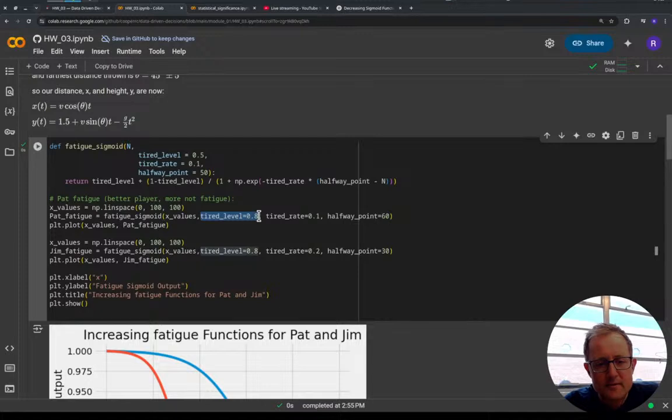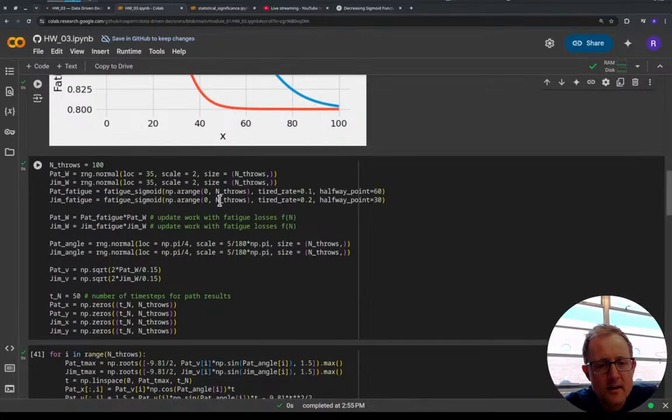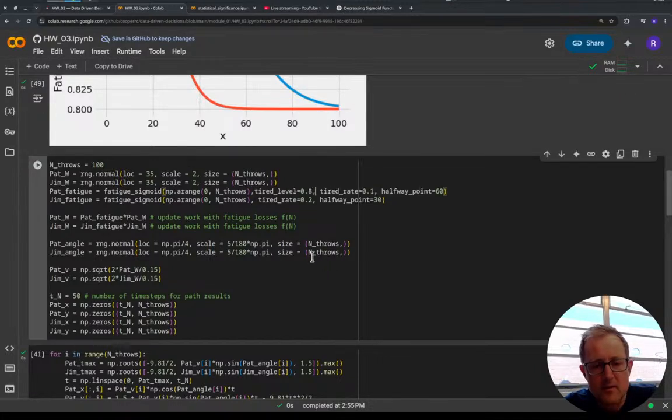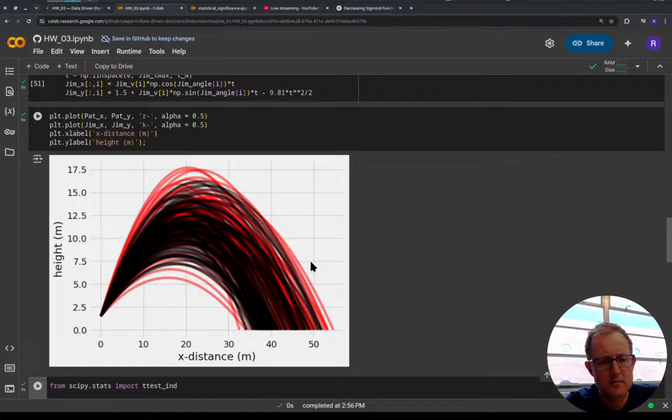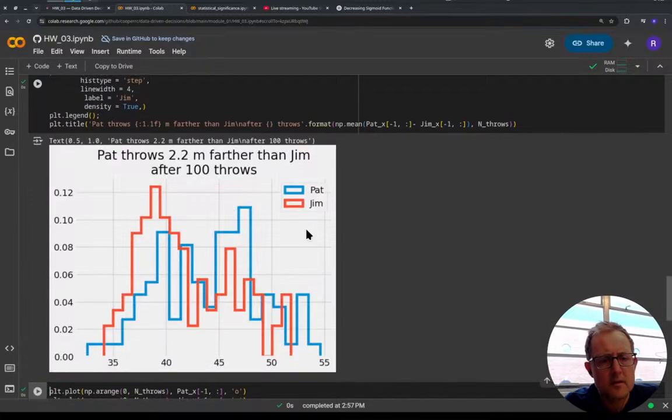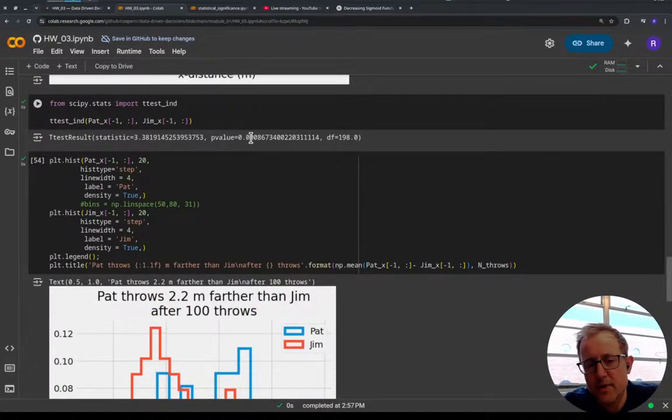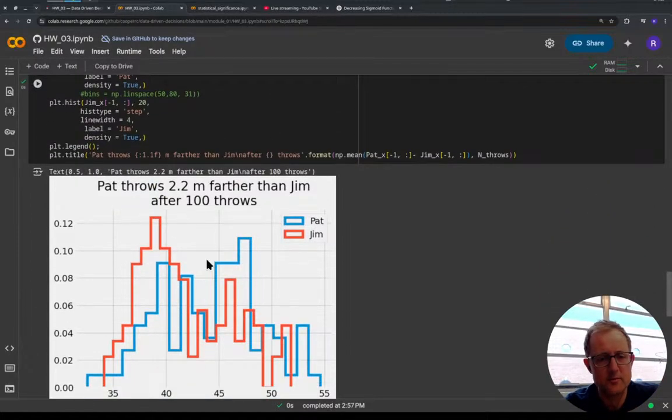So let's see what happens if we do this. Oh, wait, let's copy that one in and paste it in here. Like that. And what we're seeing here is the p-value went up because I'm saying both of them are getting tired. They're both going from 100% to 80%, so they're only dropping by 20% of the work that they can put into their baseball at this point.